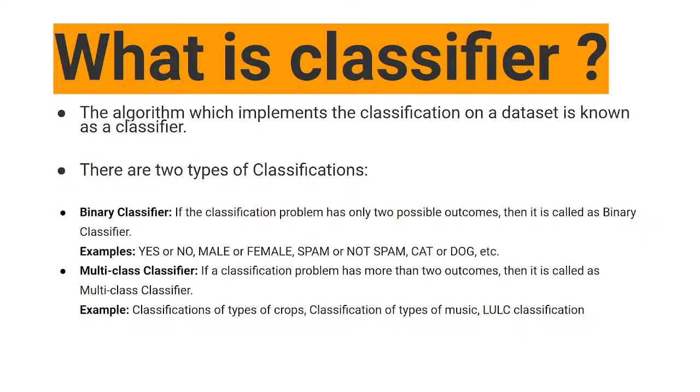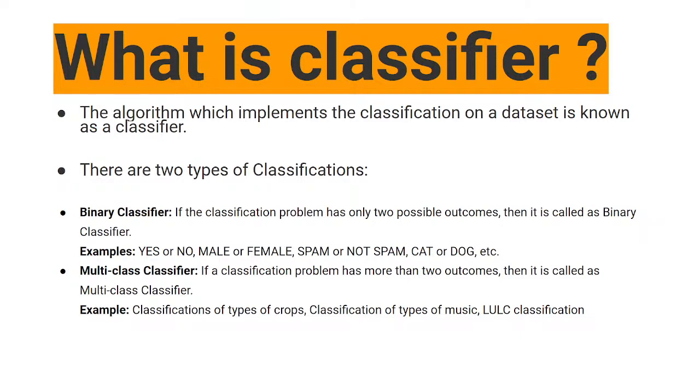So binary means the possible outcome will be only one of two: yes or no, male or female, spam or not spam, cat or dog. Suppose forest or deforestation. These are examples of a binary classifier, which has only two possible outcomes.